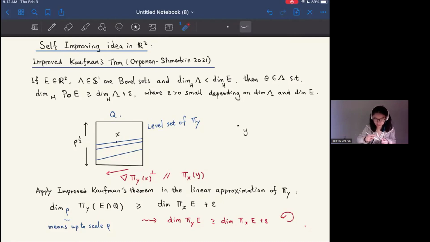But if E is a general set, then we have to decompose E into different scales, and we use some combinatorial argument to optimize the gain we have. And that's where we have this funny looking function, theta phi u, and the golden ratio. But nevertheless, this is the main algorithm that we can iterate, the epsilon gain to an explicit gain, and even an optimal gain for special sets.